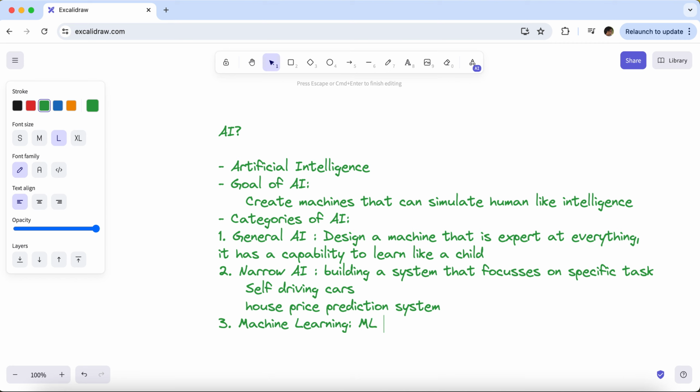Basically the idea here is, you give lots of examples to a certain system that understands those particular examples.